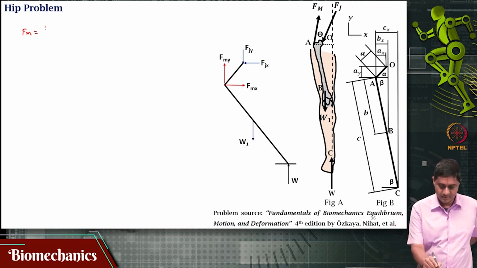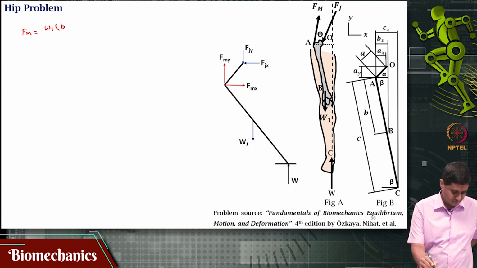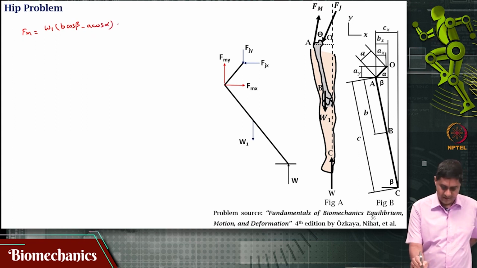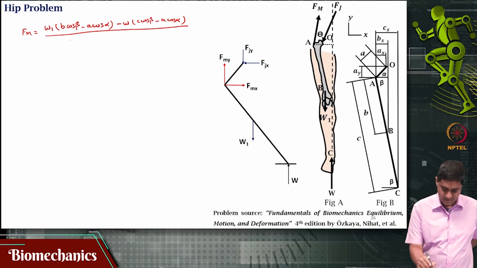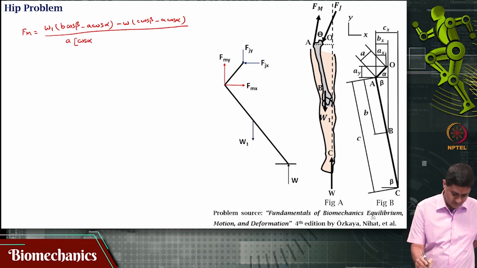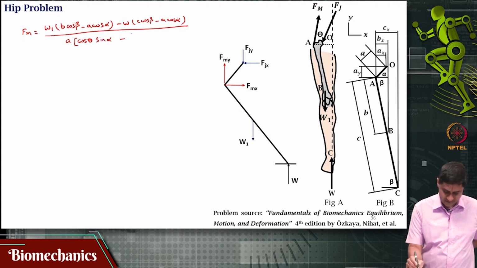That would be W1 times B cos beta minus A cos alpha, minus W times C cos beta minus A cos alpha, the whole thing divided by A times cos theta sin alpha minus cos alpha sin theta.